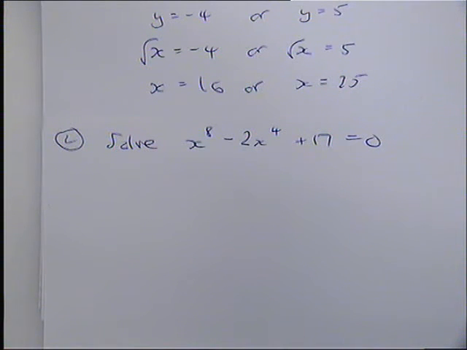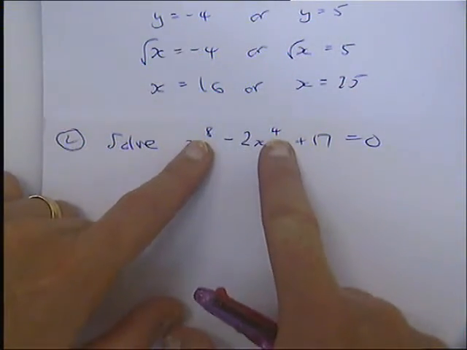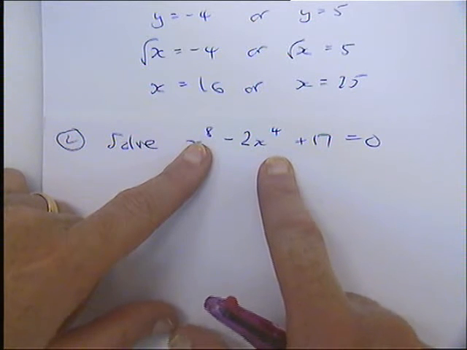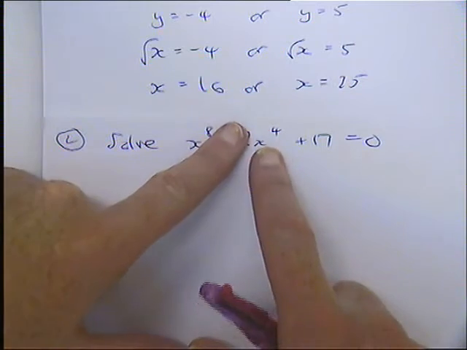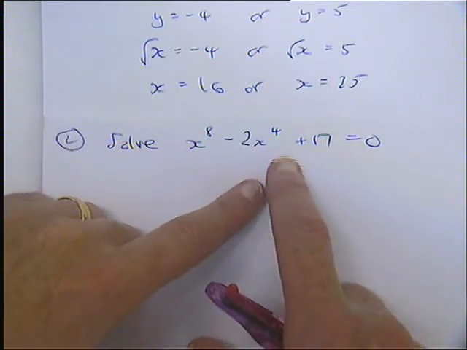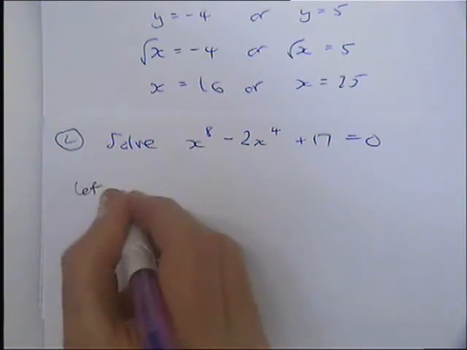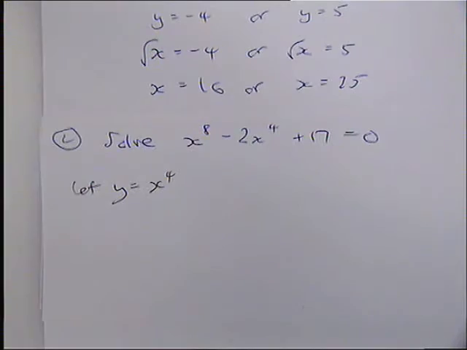They're both x to a power. And the important thing, compare that power and that power. What can you tell me about this power compared with this one? It's double, it's twice as big. So the power that has been doubled is x to the power of 4. So let our y be equal to x to the power of 4.